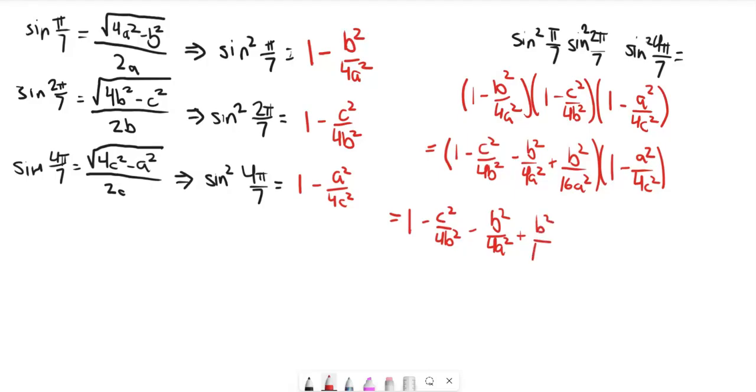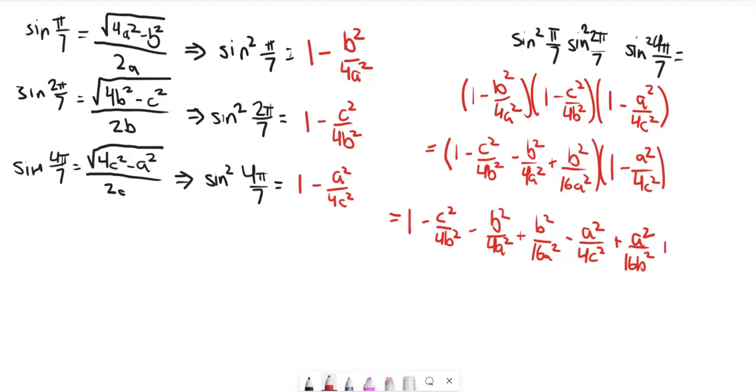Now, this might be a bit confusing, but again, for time and space constraints, you'll just have to follow along. We're going to take 1 times a squared minus 4c squared. That won't change. And then we'll multiply the a squared times 4c squared going through here to the second term, the c squareds will cancel, and we are left with plus a squared over 16b squared.